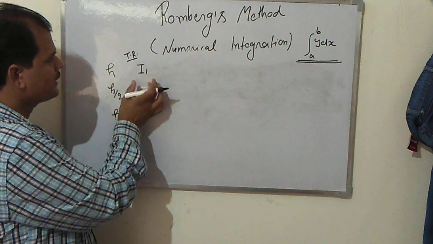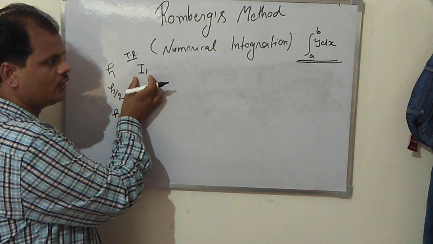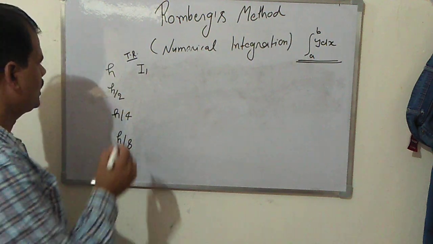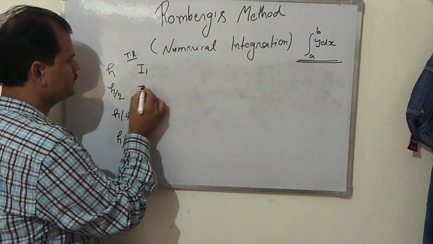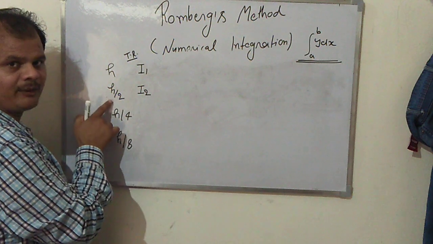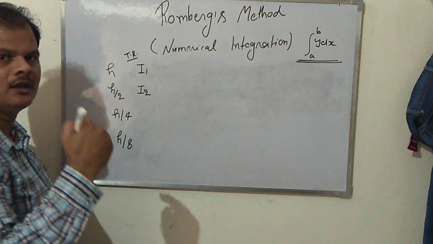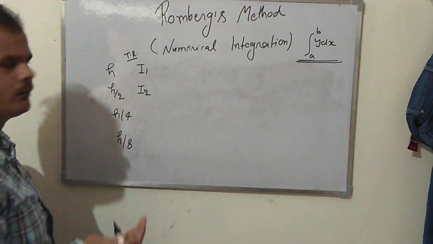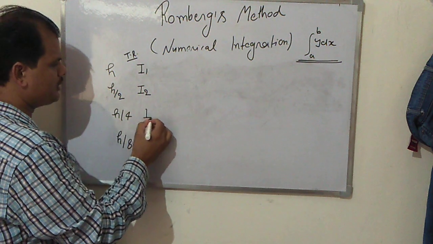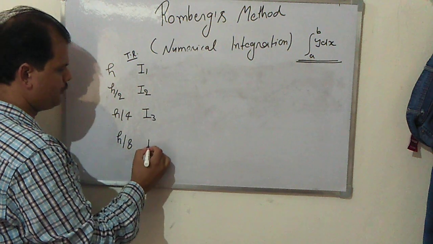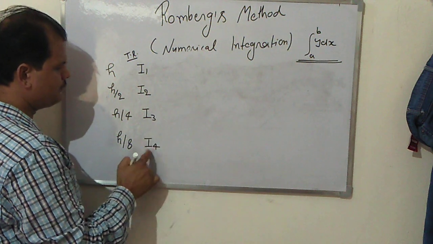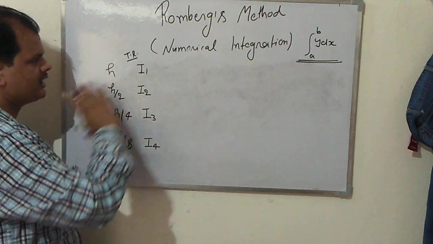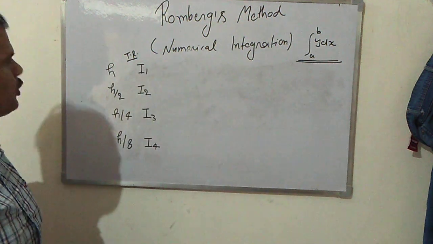We find I2 by taking h by 2. We are reducing h, so we get more data points and more accurate results. Then we find I3 by taking h by 4 and I4 by taking h by 8. Let me explain this table, then we'll go for one problem.